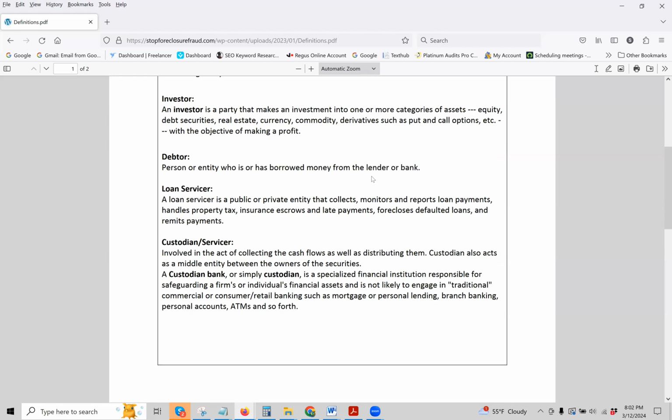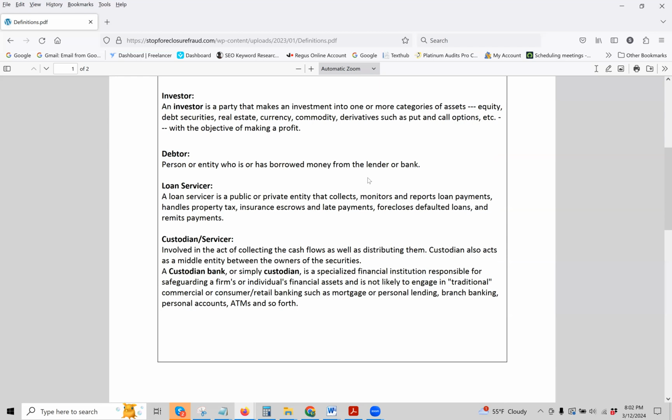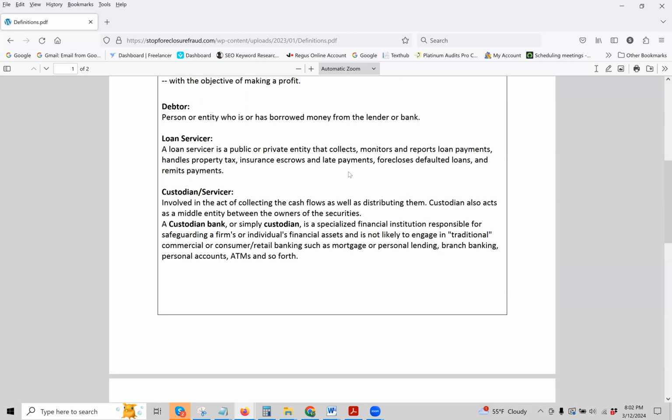That's one of the things about these securitizations and these bonds: you have other large companies investing in them as well. These are some very big names. So that's basically what that means here.